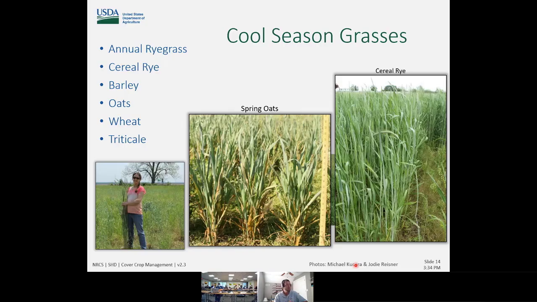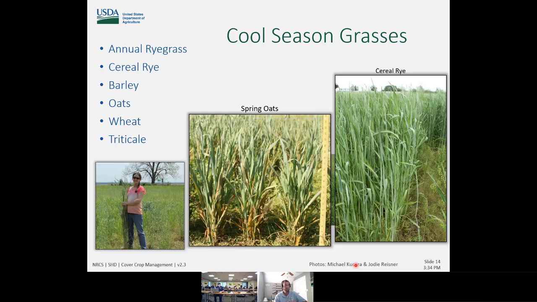So what I find is usually that cereal rye is probably the most popular amongst growers, and I would say that would probably be nationwide, probably the most favorable or most popular. But we have to think about cereal rye in comparison to others, and we have to think about where our producer is in terms of transition.